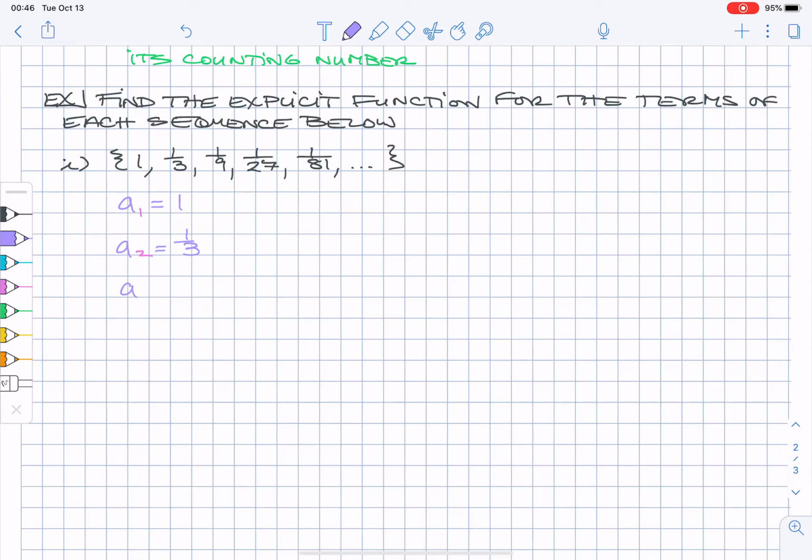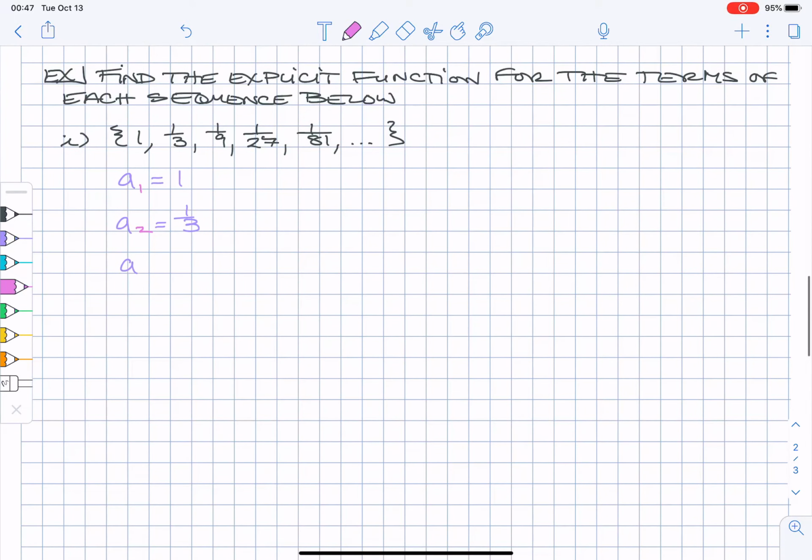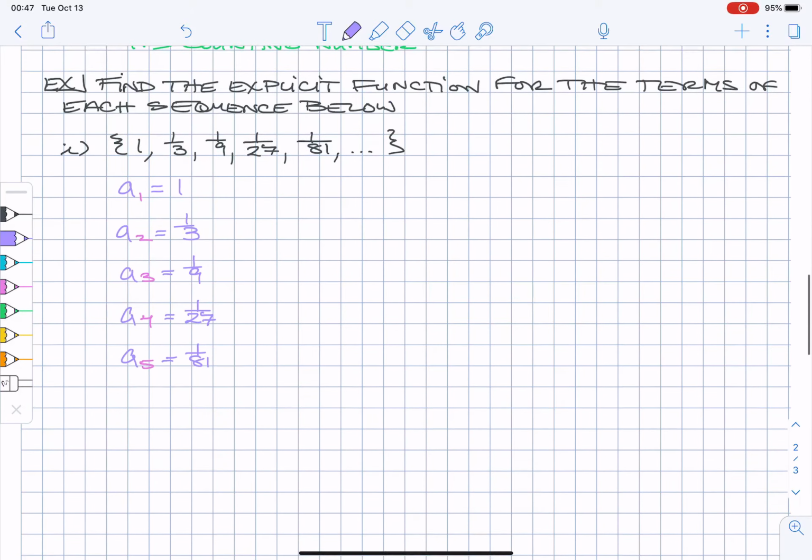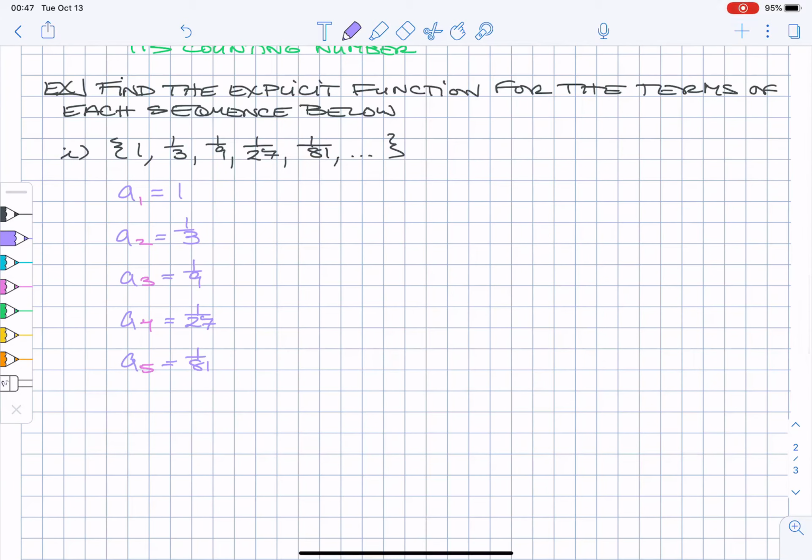I claim that A sub 3 is 1/9. I claim that A sub 4 is 1/27. I claim that A sub 5 is 1/81. So my goal is to find 1, 2, 3, 4, and 5 in these formulas.